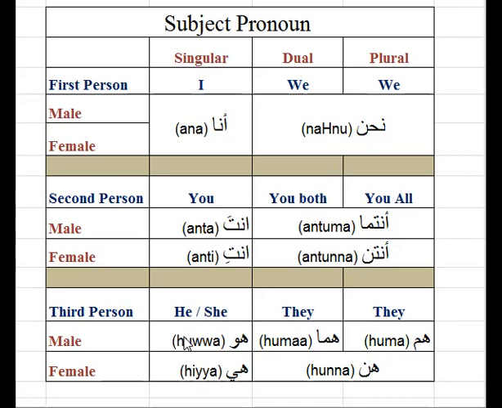And for third person, he or she, for he, we will call it huwa. She will be referred to as hiya. And they, huma. For male plurals, they, hum. And for plurals of she, females, it is called hunna or hun. Both are correct.